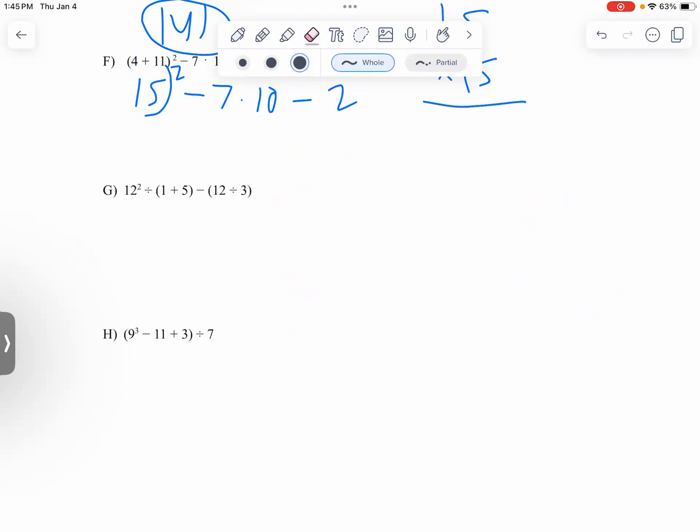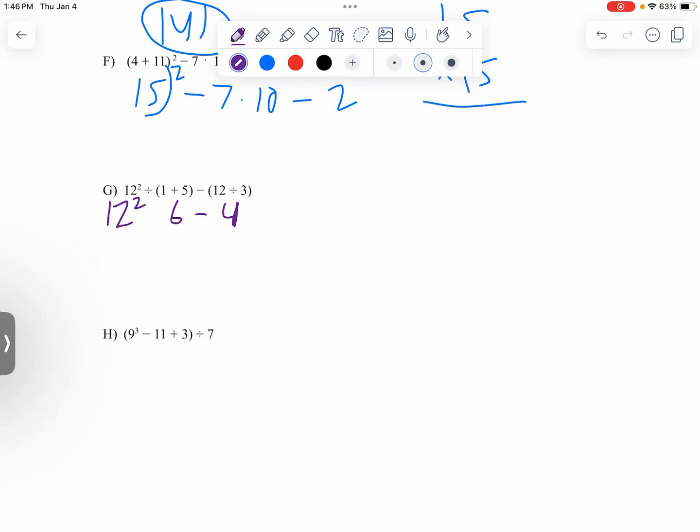Okay, so G, we have 12 squared divided by 1 plus 5 minus 12 divided by 3. So we have two relatively simple parentheses. So I'm going to do both of these on the same one here. If you notice, the 12 divided by 3 is 4, and the 1 plus 5 is 6. They're both in the parentheses.